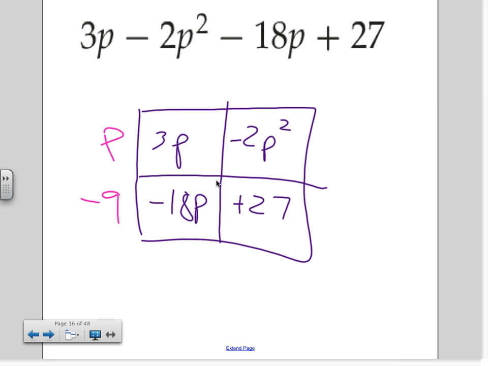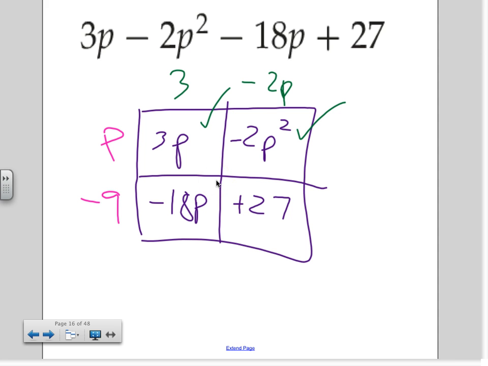But this is what I have so far. Then I try to match it up to the top. P times what is 3p? 3. P times what is negative 2p squared? Negative 2p. Once I have it, I start checking. Negative 9 times 3, whoops, out of place.